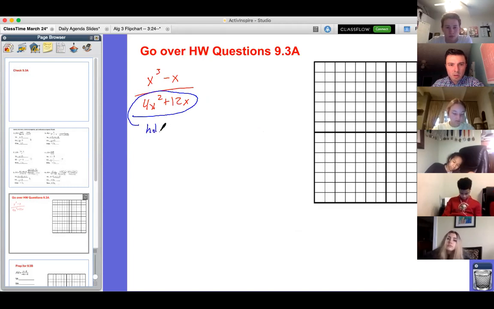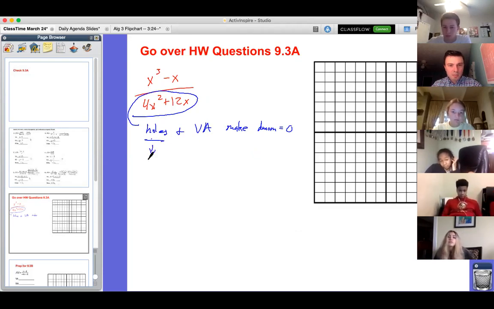Holes and vertical asymptotes make the denominator equal to zero. They both come from values of x that make your denominator equal to 0. What makes holes different than vertical asymptotes? Our holes make the numerator 0 as well.